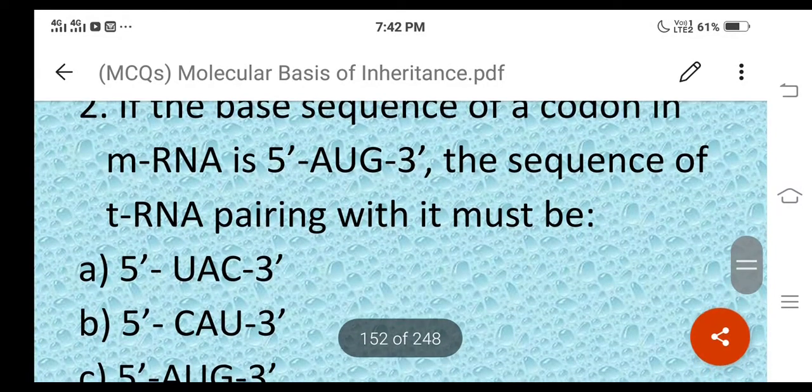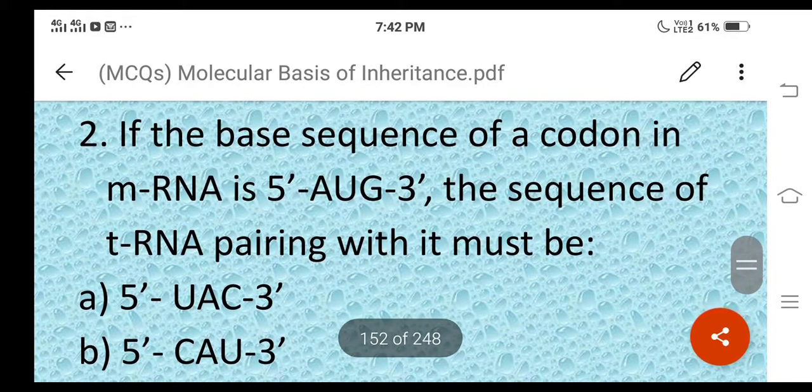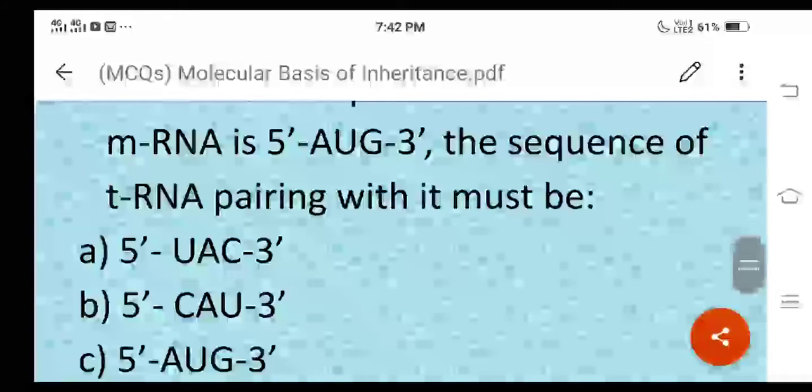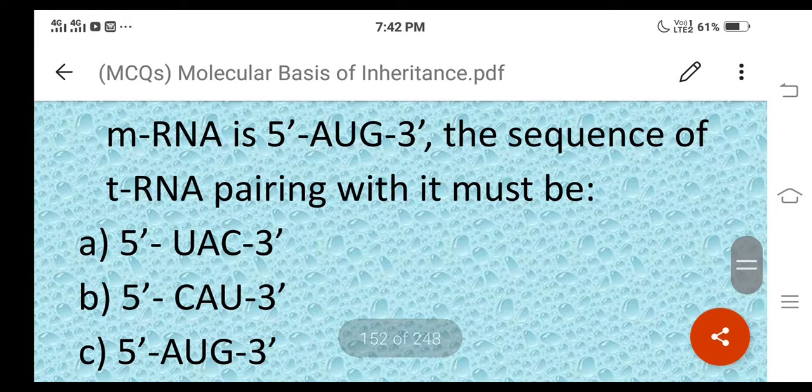Remember, what they have given here is the base sequence of a codon in mRNA. For the mRNA molecule, in 5' to 3' direction it is AUG, and the sequence of tRNA pairing with it, in 5' to 3' direction, will be CAU. So option B is the correct answer: CAU in 5' to 3' direction.